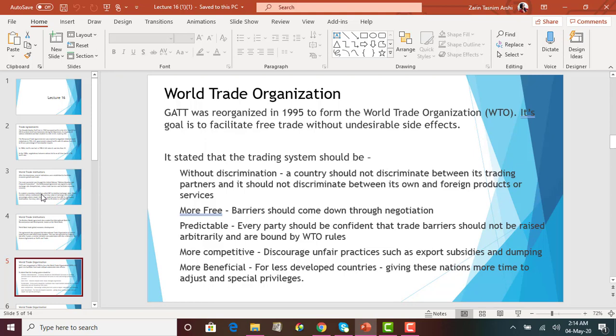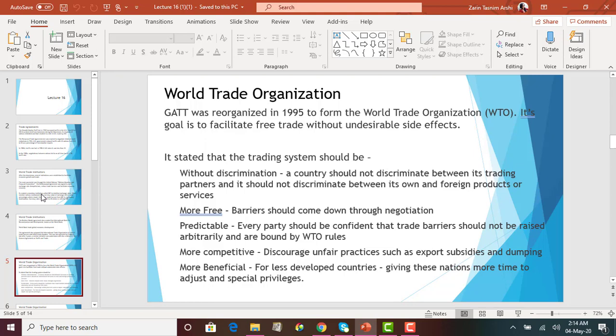Then the trading system should be more competitive. Basically, it will discourage unfair practices, and the local market will be competing with international markets, so it will be more competitive. Unfair practices such as export subsidies and dumping should not be implemented in the countries. Finally, it should be more beneficial for less developed countries, giving these nations more time to adjust and special privileges.